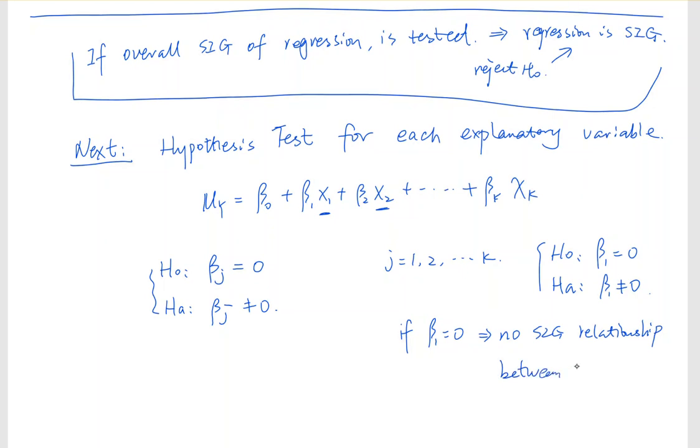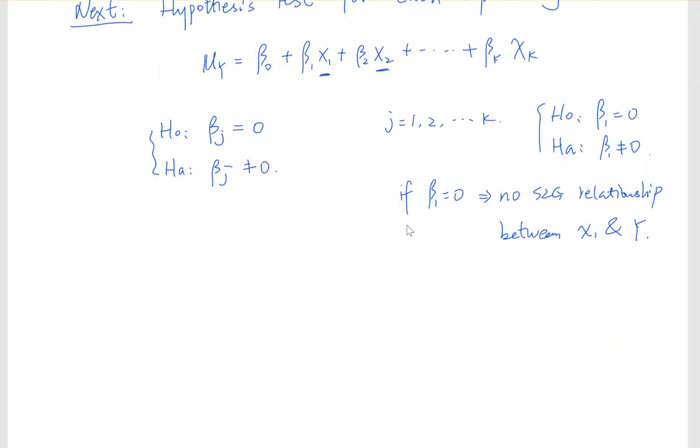The same thing, you can test beta 2: if beta 2 equals 0, that means no significant linear relationship between x2 and y. So you can test any beta, beta 1, beta 2, beta k, but not beta 0. Remember, beta 0 is just an intercept. It doesn't show any relationship between x and y, right? Okay.